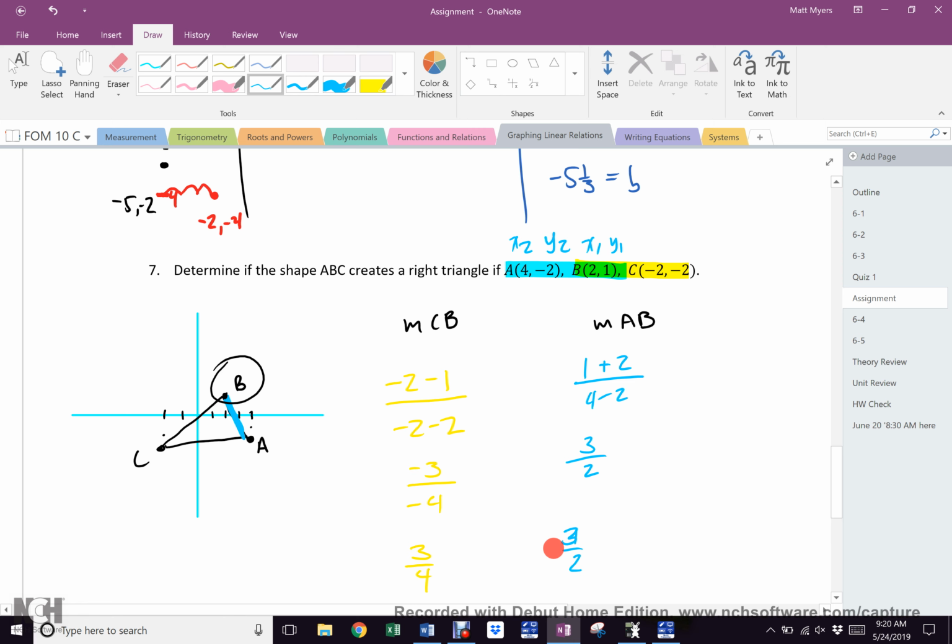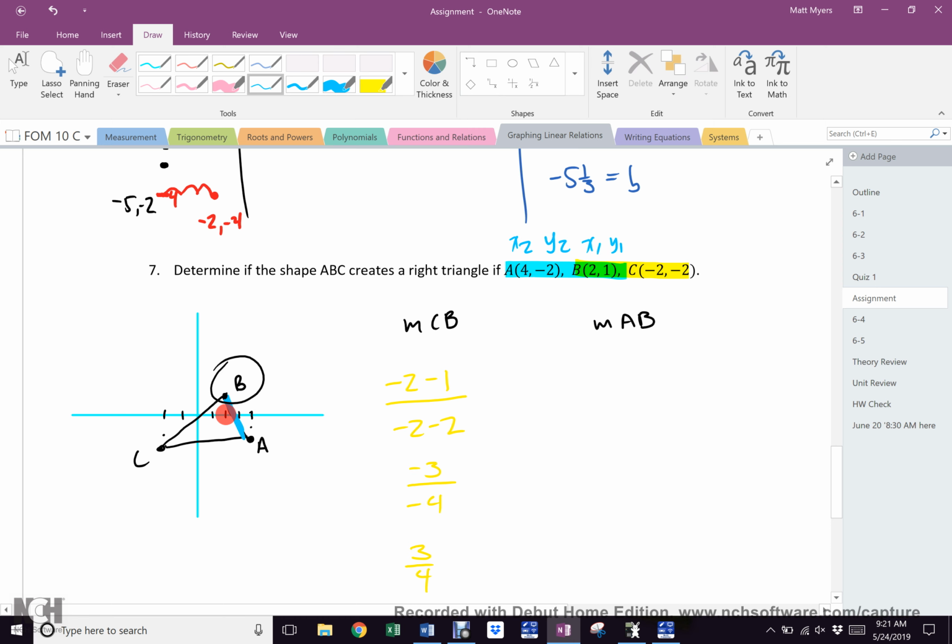What have we said it is? It's going the opposite way, so it has to be negative, doesn't it? So we've still got a mistake here. Before I even started, I should have checked, right? I need a negative slope here, don't I?